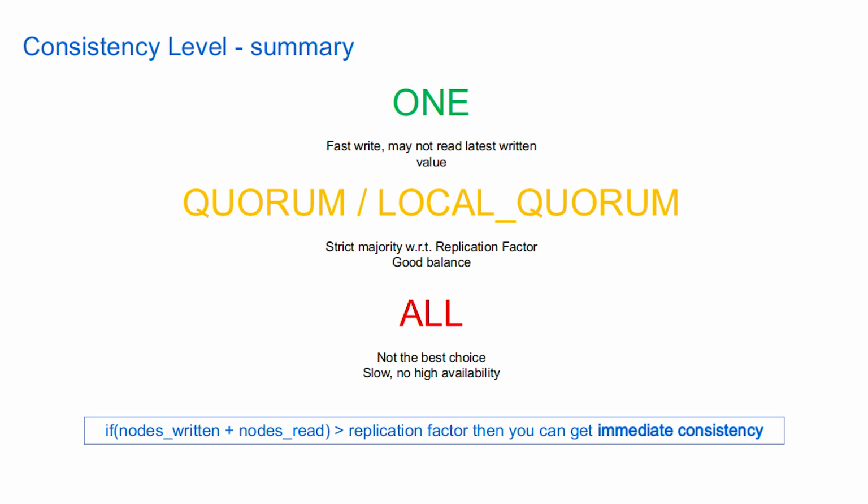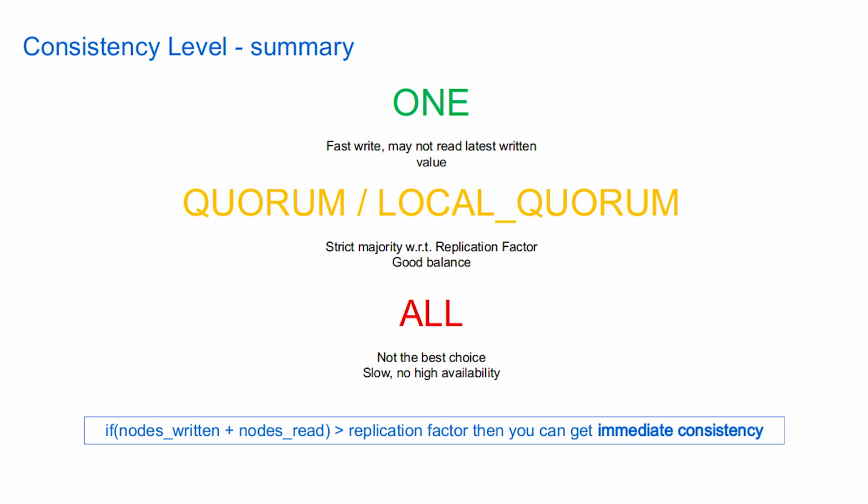No, not by me. This is what the industry has created. Consider this situation. If the nodes written to plus the nodes read from, if the sum of this is greater than replication factor, you are guaranteed to get immediate consistency in any distributed masterless system.